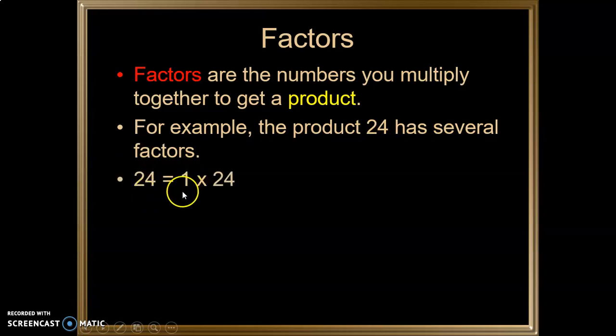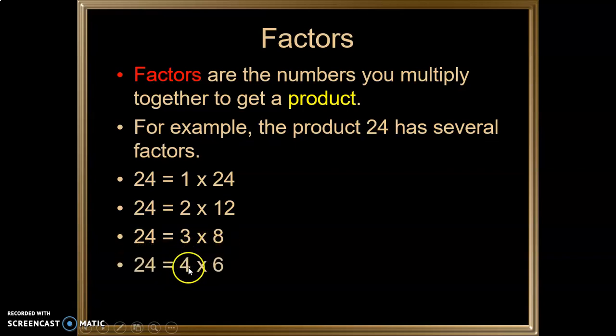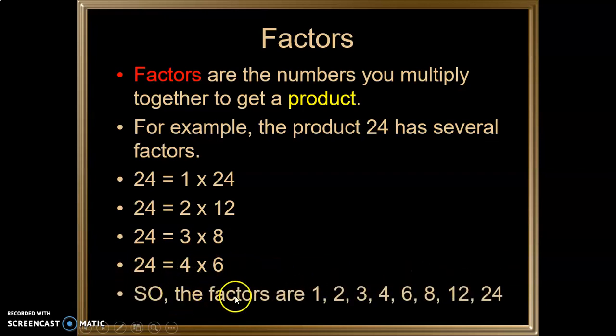24 equals 1 times 24, 2 times 12, 3 times 8, 4 times 6. So the factors are 1, 2, 3, 4, 6, 8, 12, and 24.